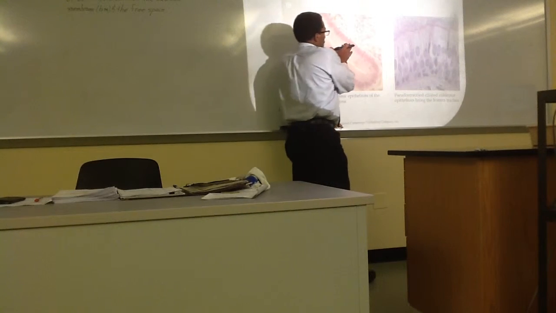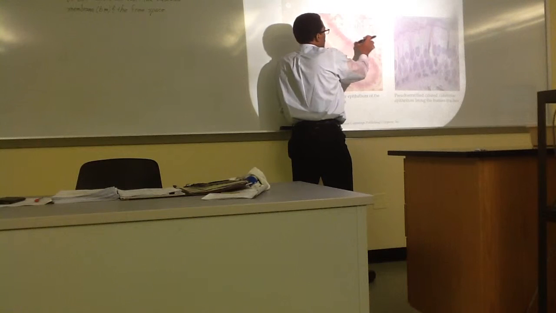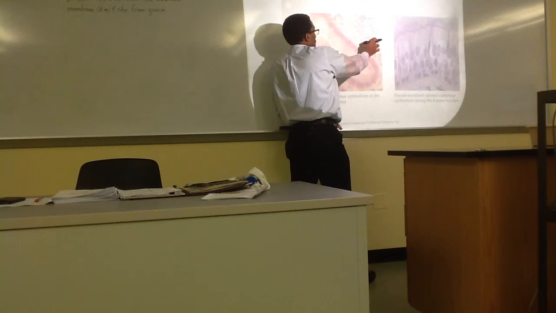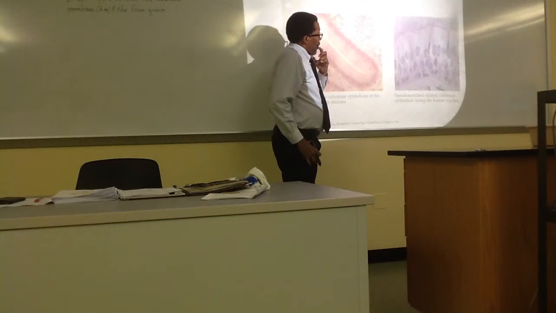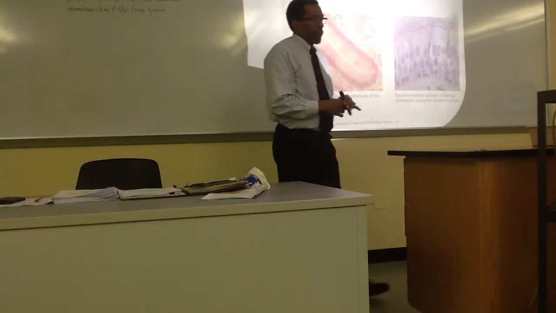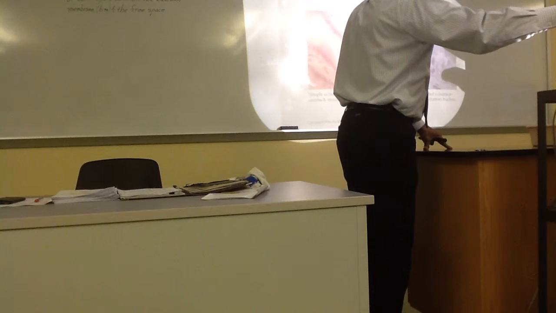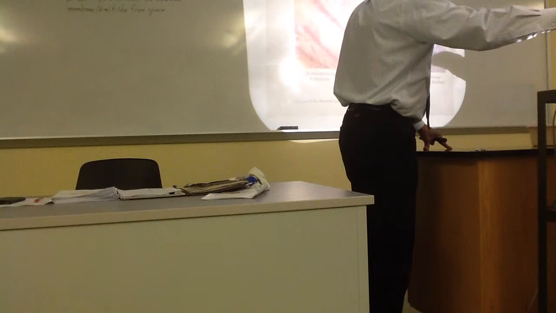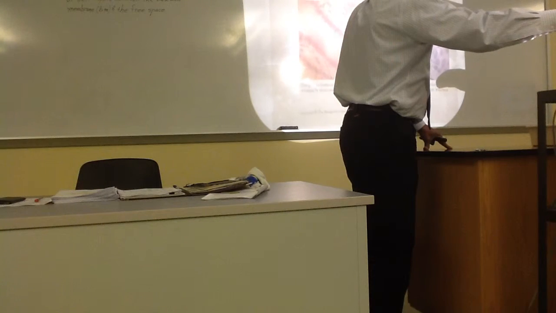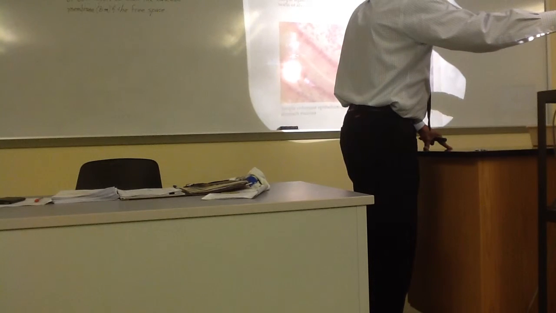Blood vessels are deeper beneath the surface of the tissue and would be in the connective tissue layer beneath it. All right. So let's look at some of these examples and see if we can identify the basement membrane and see if we can identify the free space. All right, let's do an easier one first.